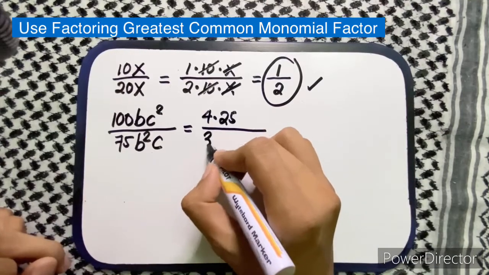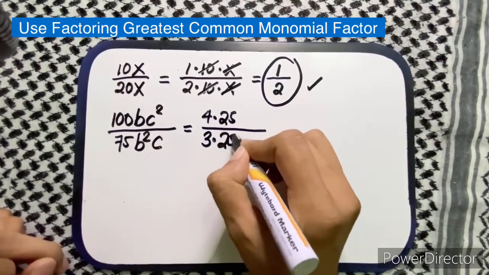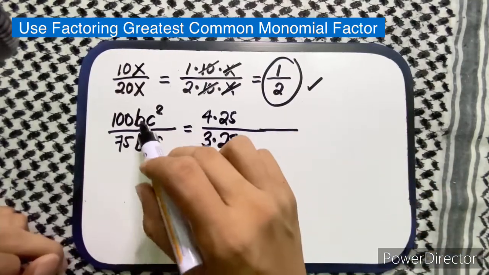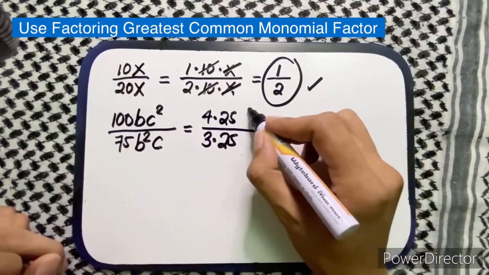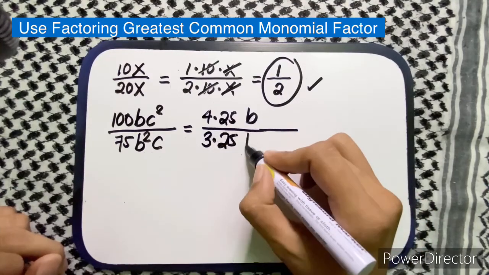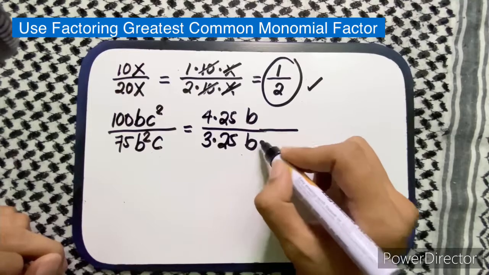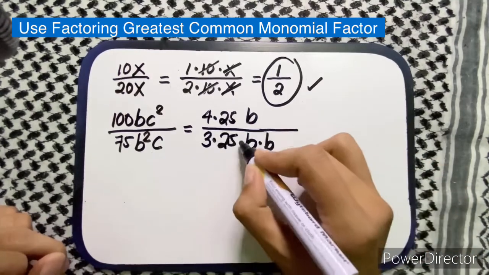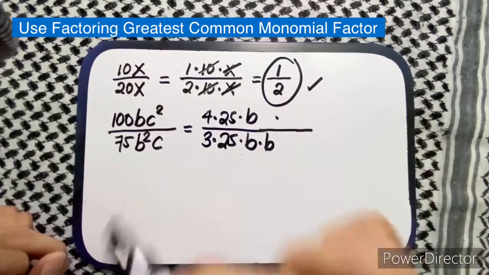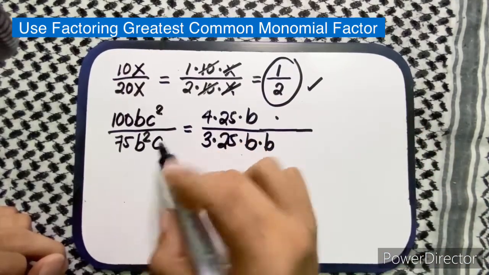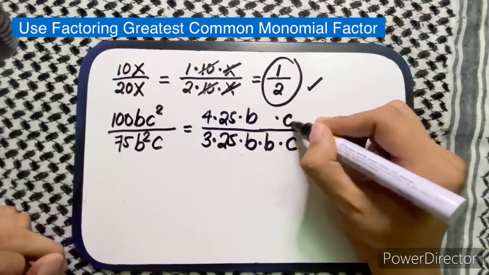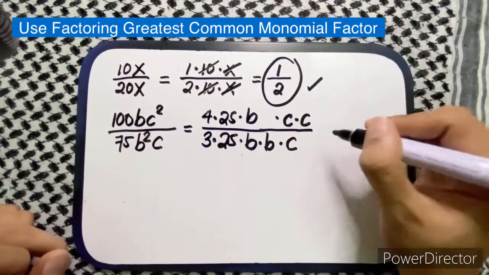Then 75 is 3 times 25. Next, b and b squared. Copy b, and b squared you need to break down, so it becomes b times b. Next, c squared and c. Copy c, and c squared becomes c times c.